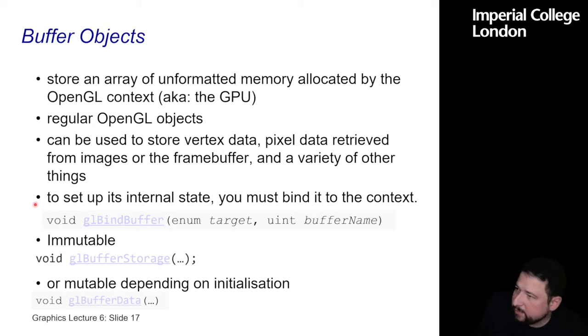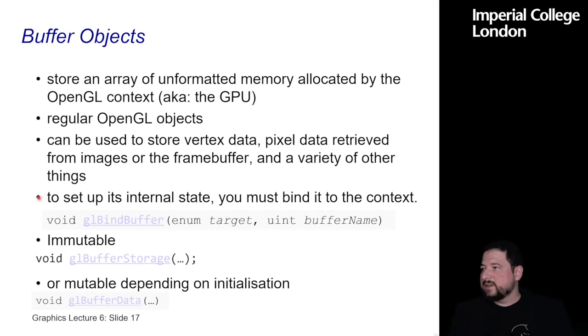To set that up, you need to bind it to the current context. So you would say glBindBuffer and then which buffer you want to bind. And then you have immutable objects like glBufferStorage, where you then stream in all the data you want to stream. You can also make it mutable here. So it really depends on the implementation and what you want to do with it.